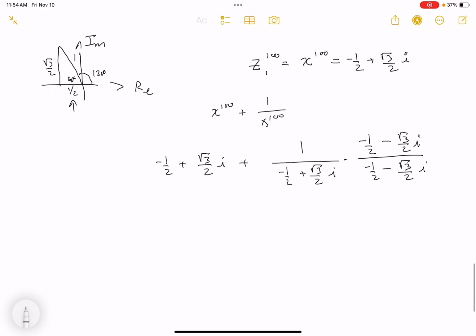A lot of arithmetic, isn't there? Minus 1/2 plus root 3 over 2i plus minus 1/2 minus root 3 over 2i.